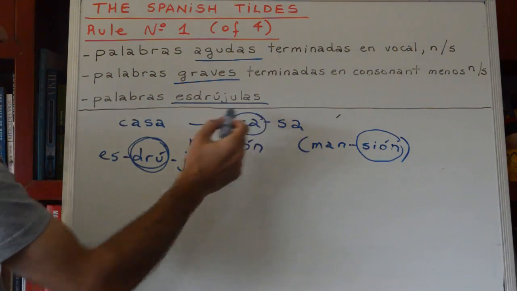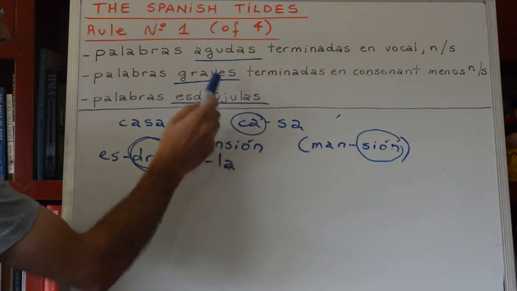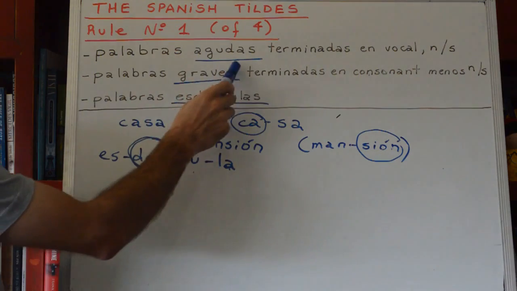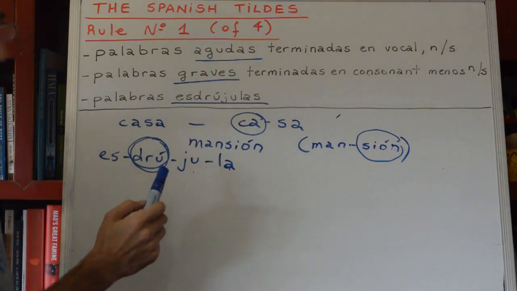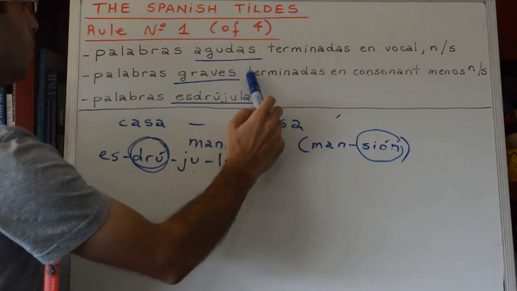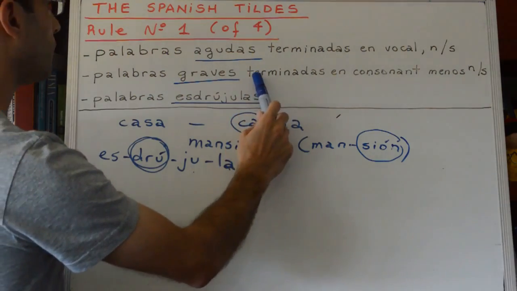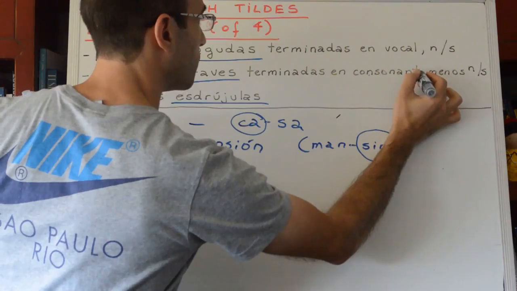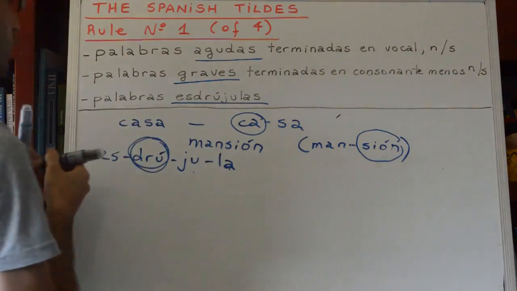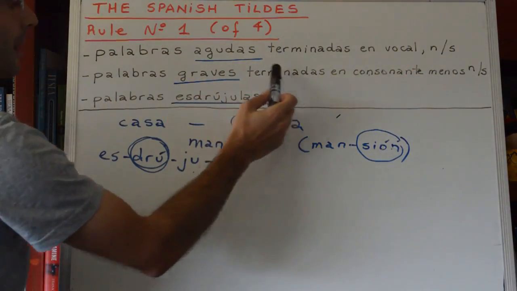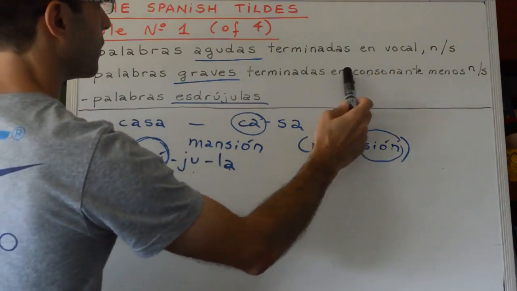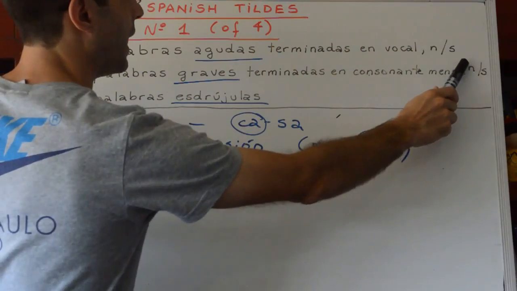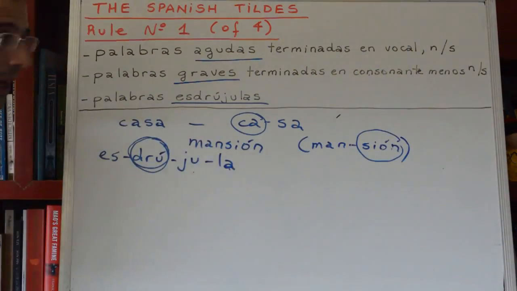The word casa, it's grave, right? So, when do the grave words carry a tilde? The palabras graves terminadas, I have a typo here, consonante, I missed an E. The palabras graves that finish with a consonant that is not an N or an S, okay?